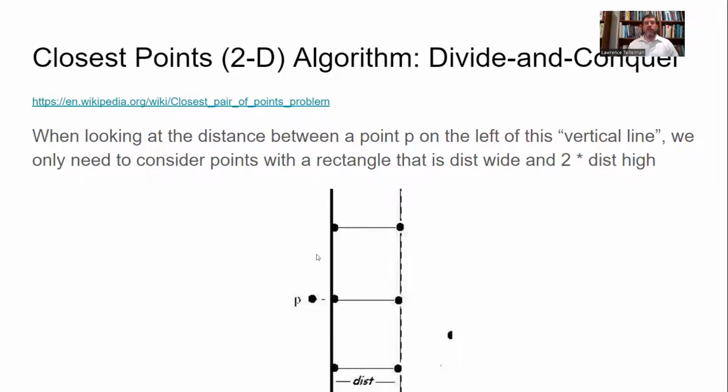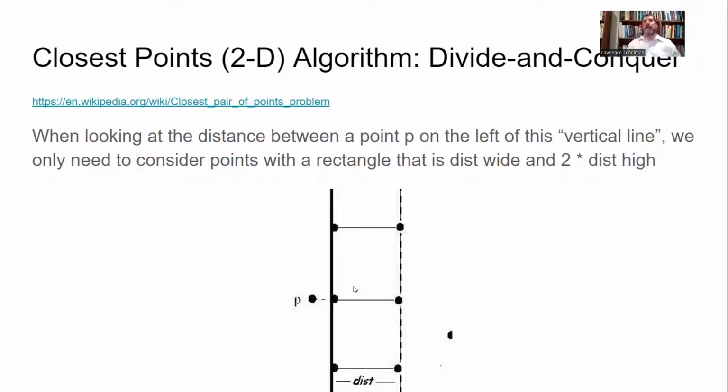Let me say that a different way. If I pick a particular distance, there can be at most 6 points on one side of the line that are within that distance to each other. Because if I put more points, then I'm going to actually get a smaller distance, and then I would have found them on this side of the line.